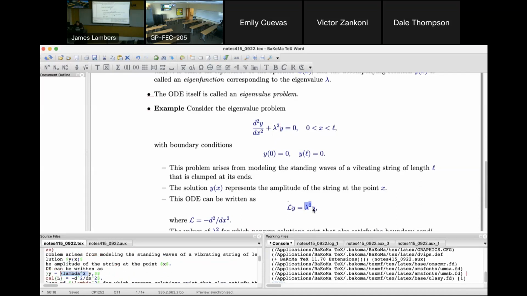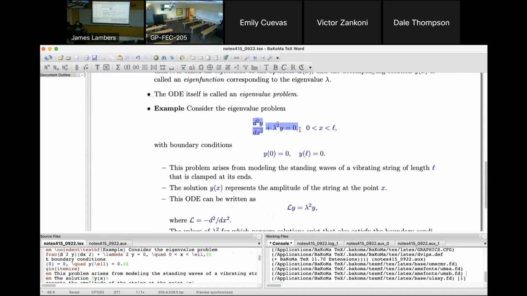So lambda squared is playing the role of the eigenvalue, and in this case, the differential operator involved is minus second derivative. So this ODE is just a rewriting of this one. And we're solving a problem on some bounded interval L, and we have these boundary conditions that the solution must be equal to 0 at both endpoints.